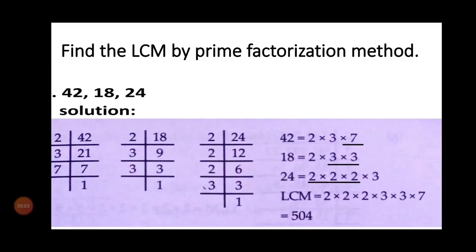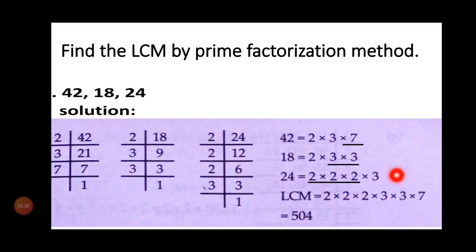Now find the LCM by the prime factorization method. 42, 18, 24 are given. Use the division method, already we know that, and write all those factors. 42 is equal to 2 into 3 into 7, and 18 equals 2 into 3 into 3, and the factors of 24 are 2 into 2 into 3.